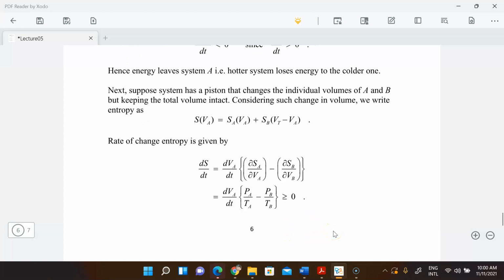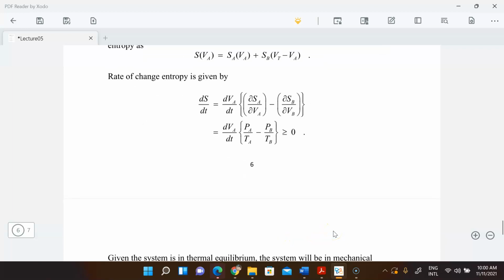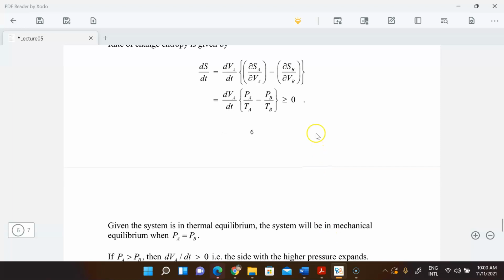So let's look at the case of the mechanical equilibrium first. First of all, there are two things over here: there's a P and T. To make it a bit easier to analyze, we consider that the whole system is already in thermal equilibrium. It's just the mechanical equilibrium that we are concerned with.